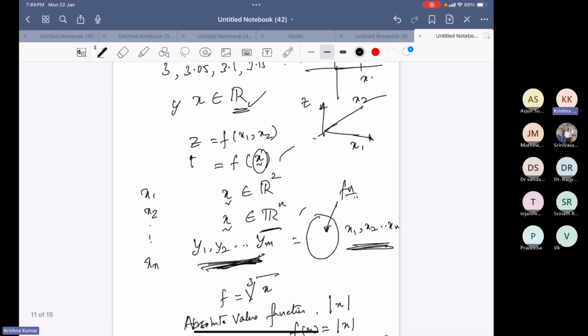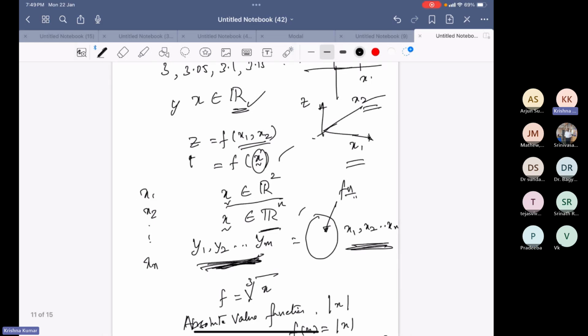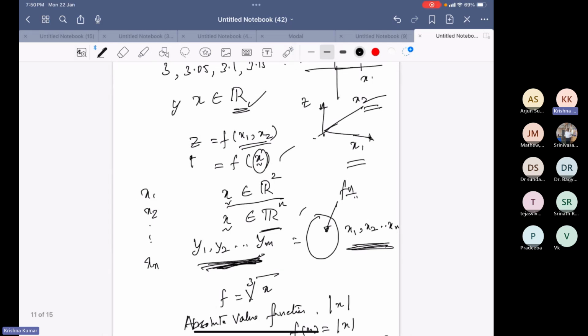Here we had x1 and x2, that is the two dimensions. So x belonging to R2 means that there are two values, x1 and x2, which occupy the whole real space. So that is the dimension.